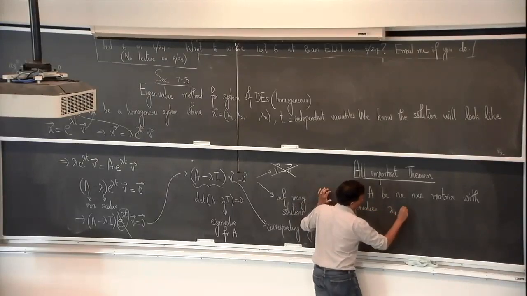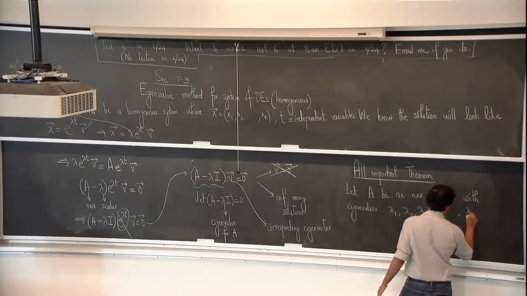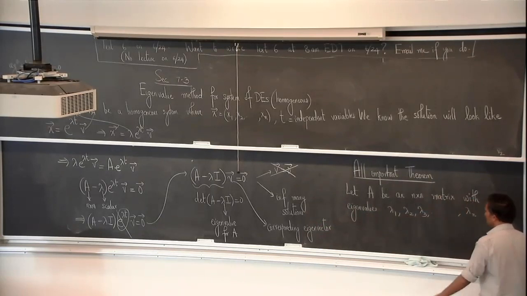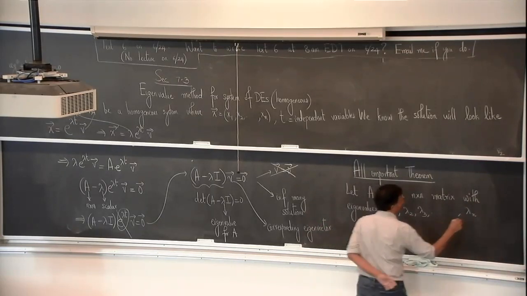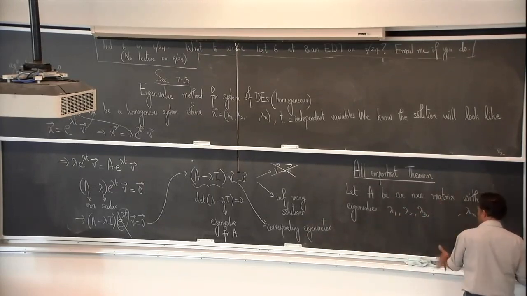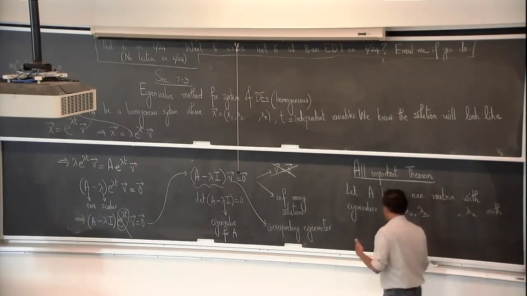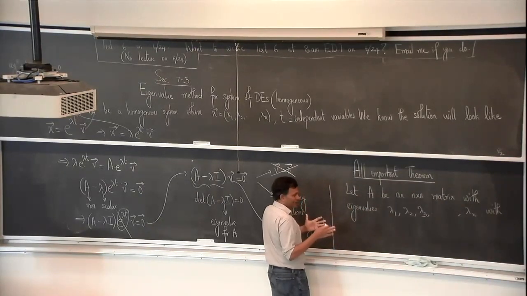With eigenvalues lambda 1, lambda 2, lambda 3, up to lambda n, with corresponding eigenvectors, so each of these eigenvalues has its own eigenvector. That's what I'm trying to state here. If that condition does not hold, we have a problem, but we don't have to worry about that.